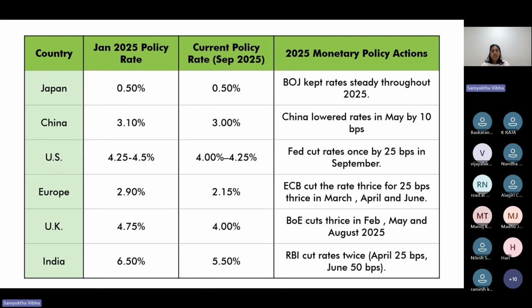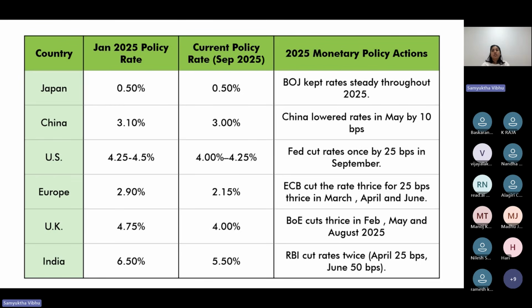Now, beyond this, Europe, again, has been consistent in cutting rates this year, with the ECB cutting rates in March, April, and June. So again, here, a lot of the rate cut activity has been more towards providing for economic growth. And lastly, if we look at the UK, again, here, you're seeing that the Bank of England has also been very proactive in cutting rates.